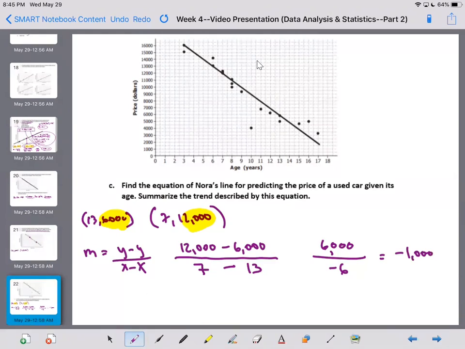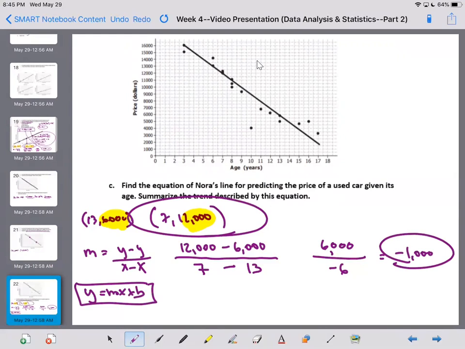So we know our slope, and now you get to choose which point you want to use. I'm going to choose the second one. To write my equation, I'm going to substitute into the slope-intercept form. 12,000 will substitute in for y, the slope was negative 1,000, the x value was 7, and I'm looking for the intercept b. So 12,000 equals negative 7,000 plus b.